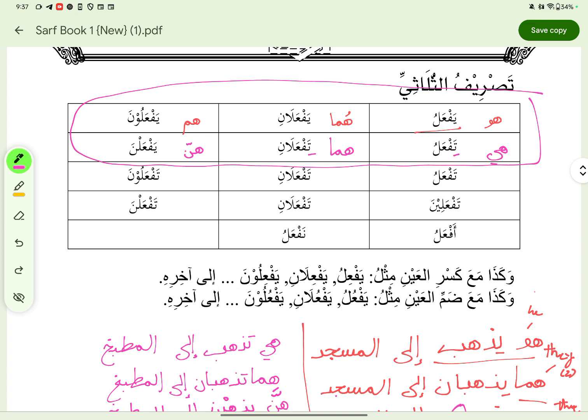Taqra'u, taqra'ani, and hunna taqra'na. Sorry, hunna yaqra'na.